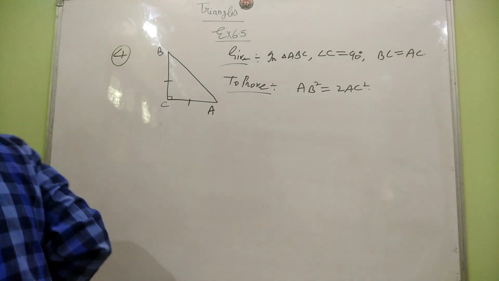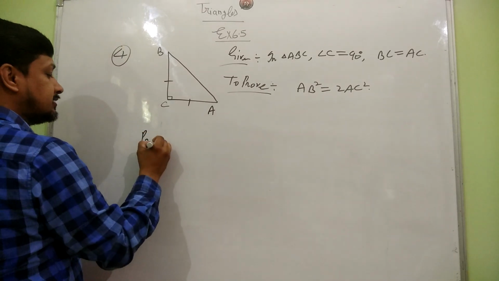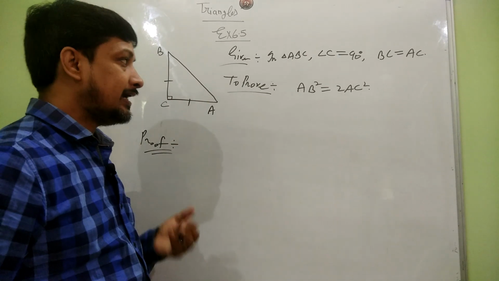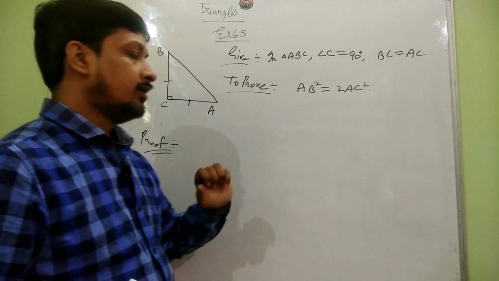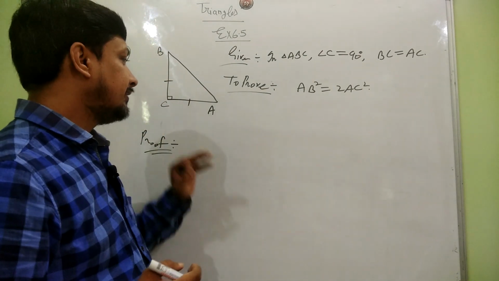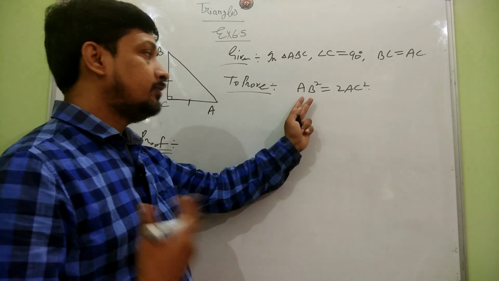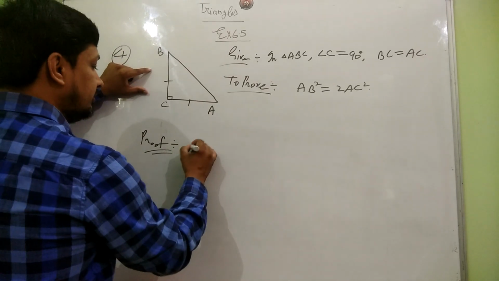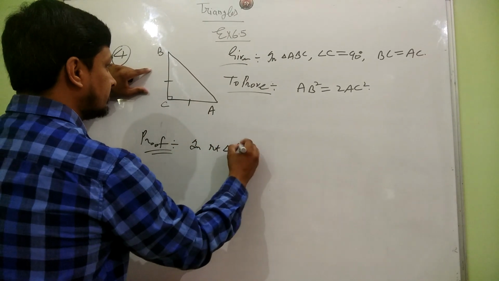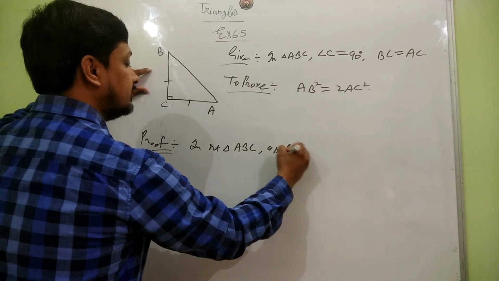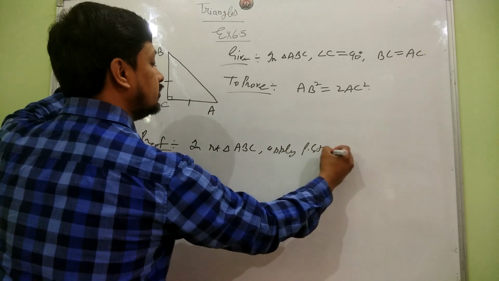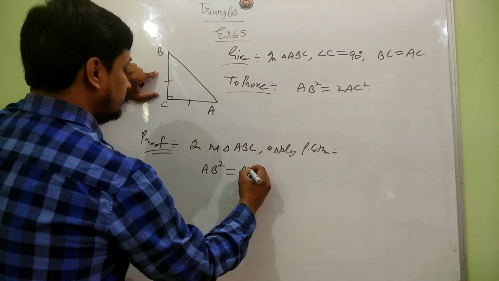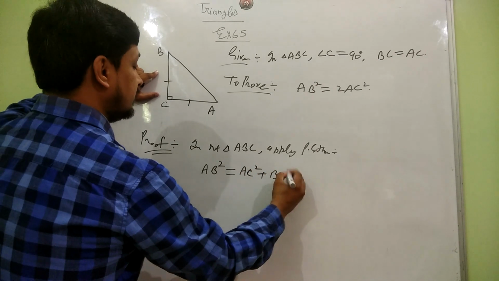So how to prove this? Whenever you see a right triangle, and in the proof you need the squares of the sides, you will apply the Pythagoras theorem. So in right triangle ABC, apply Pythagoras theorem. The square of the hypotenuse AB square equals AC square plus BC square.